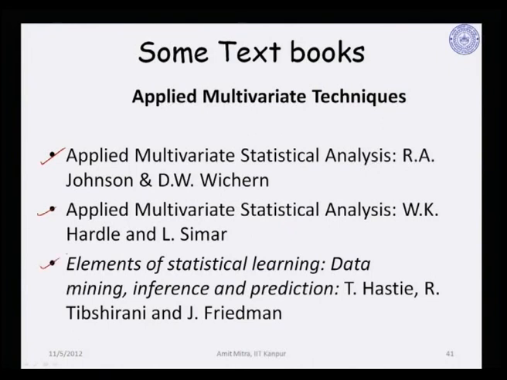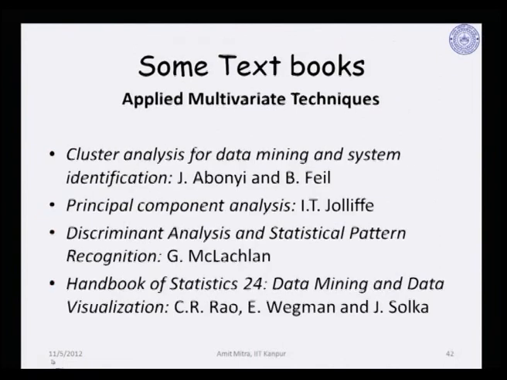Then this book by Hastie, Tibshirani and Friedman, The Elements of Statistical Learning: Data Mining, Inference and Prediction. Although it talks about statistical learning, it does cover many such applied multivariate statistical techniques, and it is a nice book for applied multivariate analysis techniques.